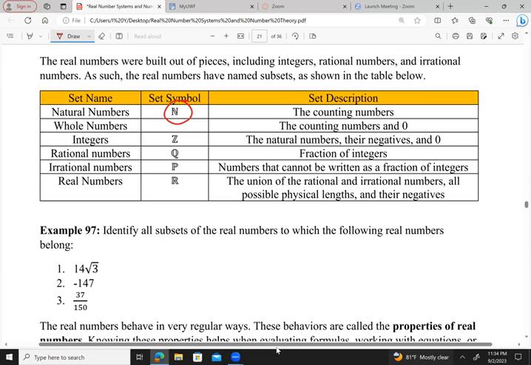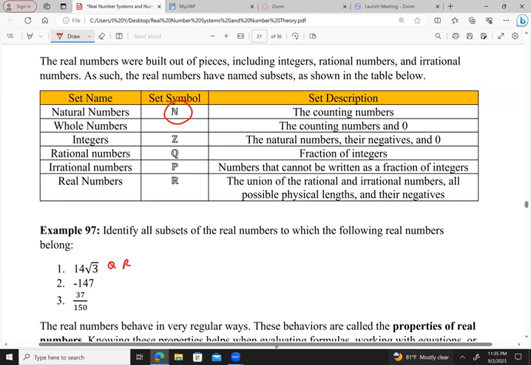So, if this is not a counting number or a natural number, not a whole number, not an integer, it is a rational number. And of course, it is a real number. I don't think it wants that.